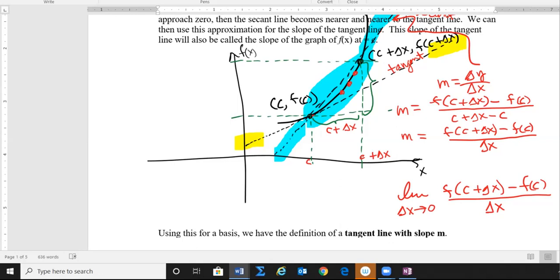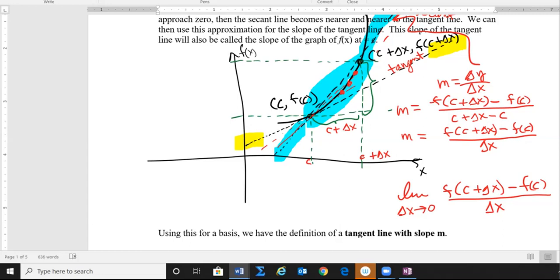We have a sequence of these secant lines, each one corresponding to a smaller value of delta x, a number closer to 0. So eventually we get to the tangent line. So that's the idea. The secant approaches a tangent. And if this limit exists, this will be the definition of the slope of the tangent.